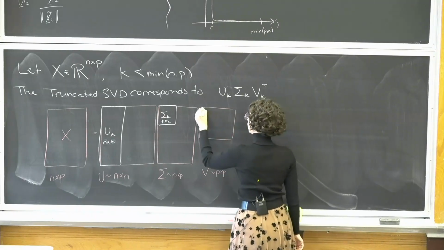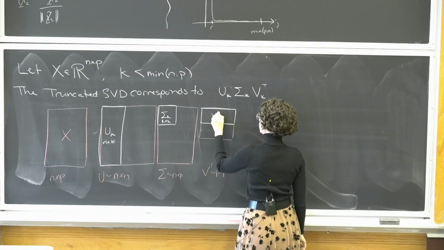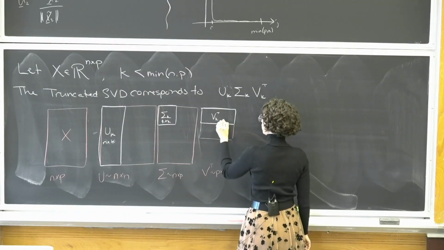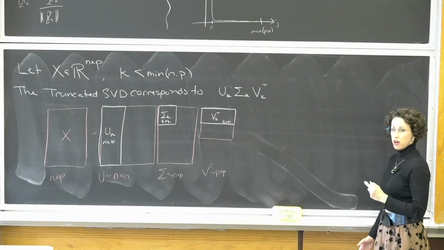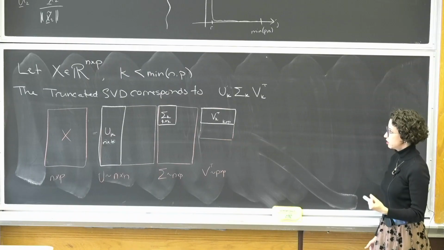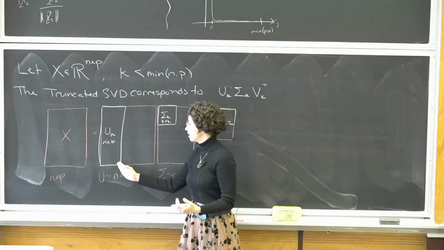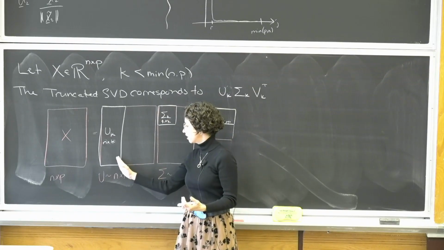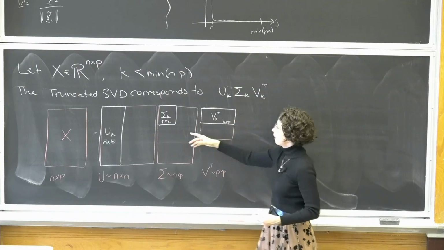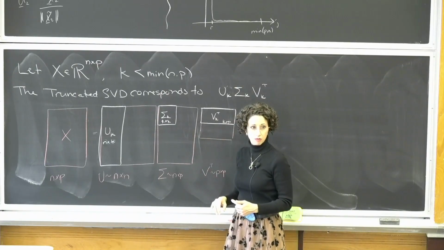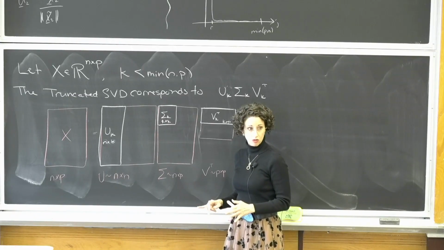And then finally, I'm going to have V_k transpose here, and this is k by p. So what I'm doing with the truncated SVD is getting rid of everything except the first k basis vectors in U, the first k basis vectors in V, and the first k singular values. Okay, are there any questions so far?